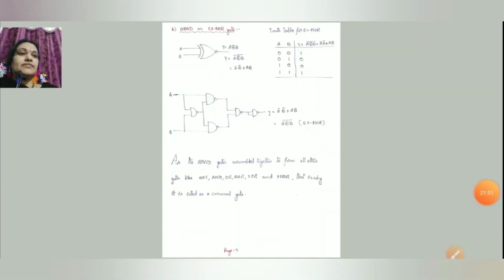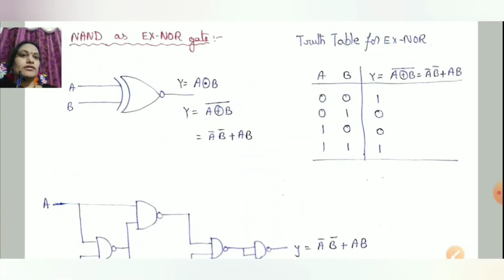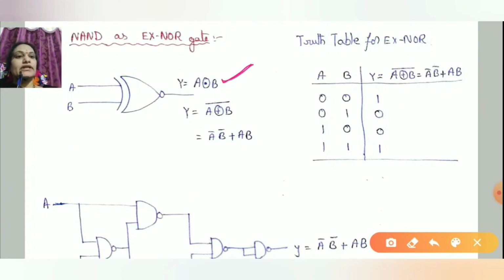Now let me explain how the NAND gate can be used as XNOR. Okay. For the XNOR gate, the output becomes A XNOR B. That is a dot surrounded by a circle.